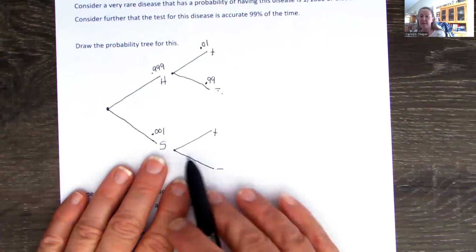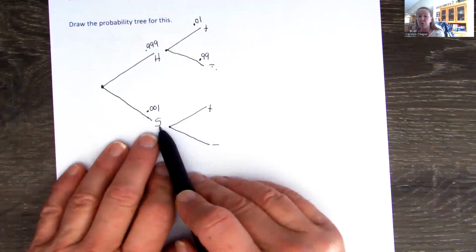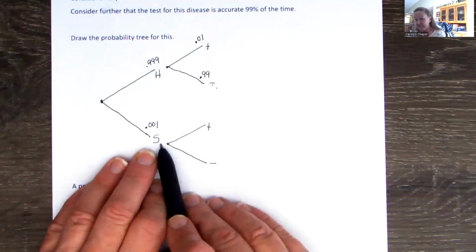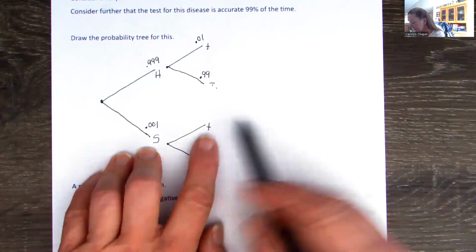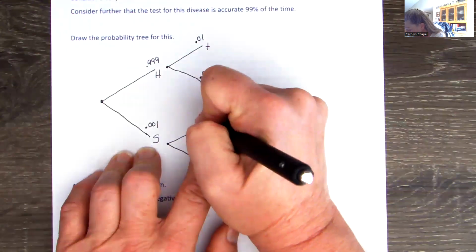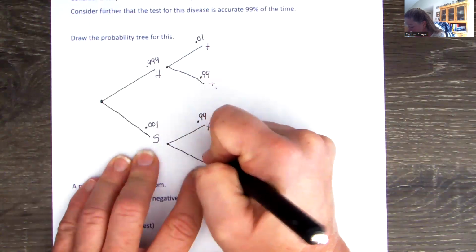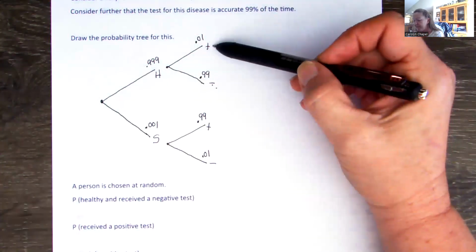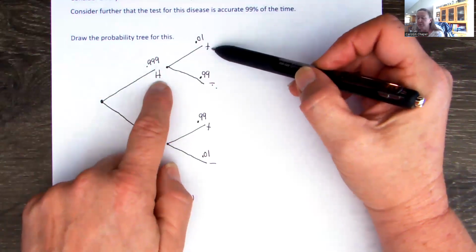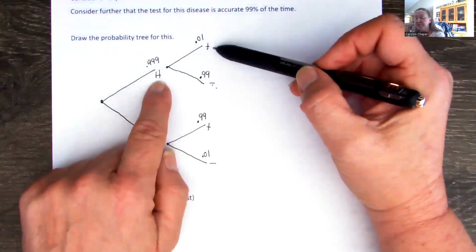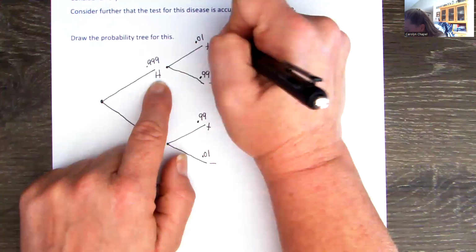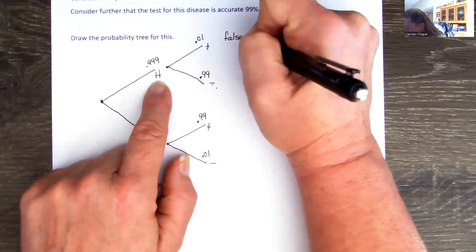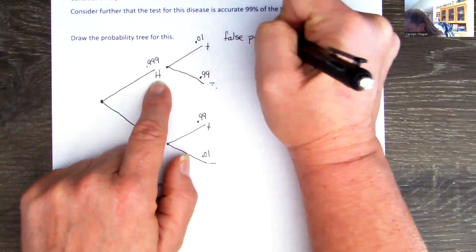All right, so if you were down here and you're sick, the correct response to this test should be a positive result. And here's my 0.01. Okay, these people up here, this positive and getting a healthy person, that's considered a false positive. So if you've ever heard the term false positive, that's up here.